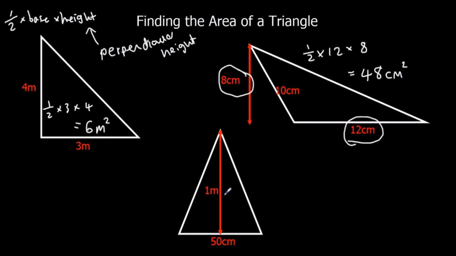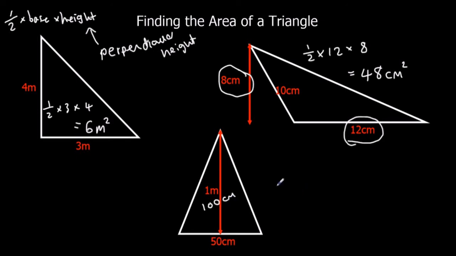And finally here, I've got 1 meter, and I've got 50 centimeters. Now they're in different units. We need to make the units the same before we do the question, because we've either got to measure it in centimeter squares, or we've got to measure it in meter squares. So if I wanted to measure it in centimeter squares, I'd change this to 100 centimeters.